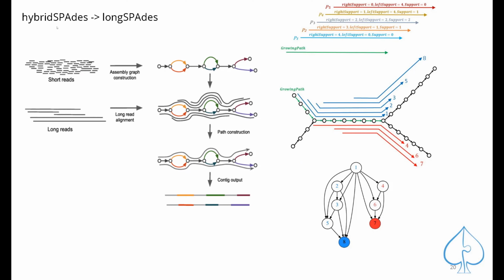And here's Hybrid SPAdes, a model of the SPAdes assembler, and it uses short reads and long reads together. For instance, it was using Oxford Nanopore, but there is also long SPAdes, which uses the concept of Hybrid SPAdes, with the only difference that on input it takes only long reads, and it builds many graphs.